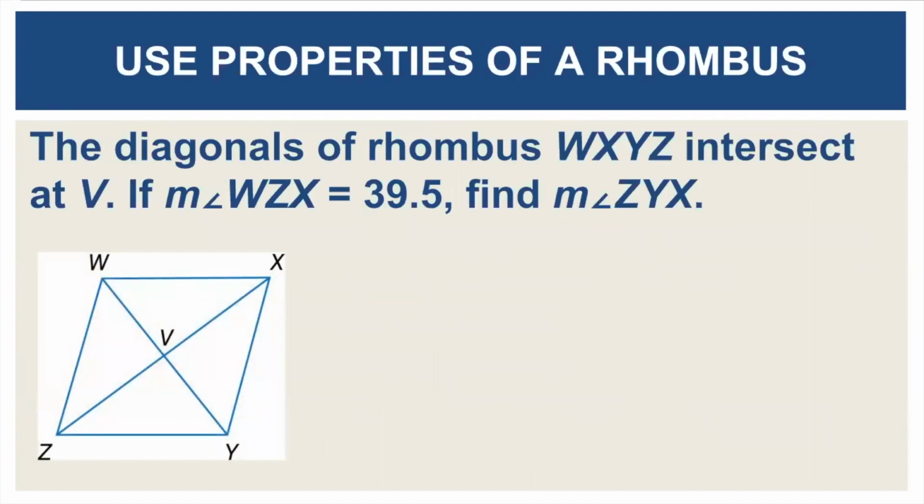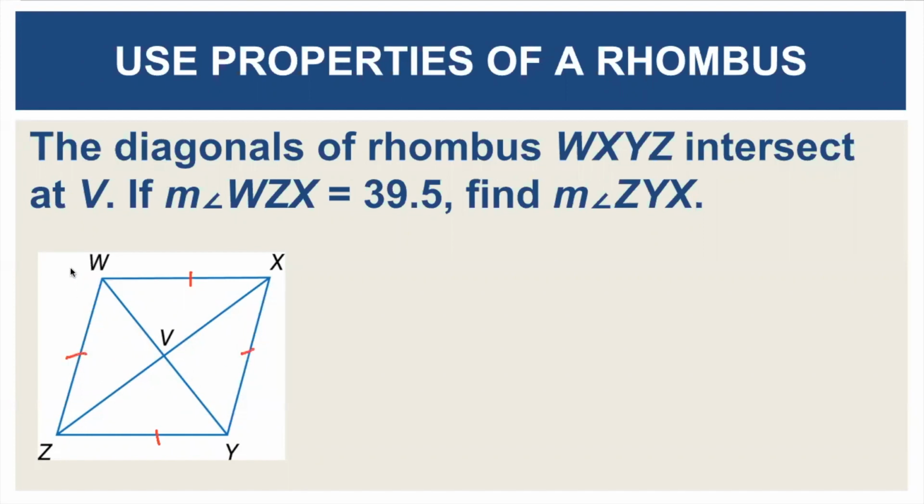So the diagonals of rhombus WXYZ intersect at V. If the measure of angle WZX is 39.5, then what is the measure of angle ZYX? The first thing it tells us is that this is a rhombus, and because this is a rhombus, we know that all the sides are congruent.